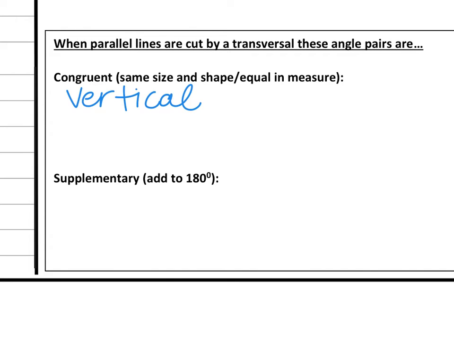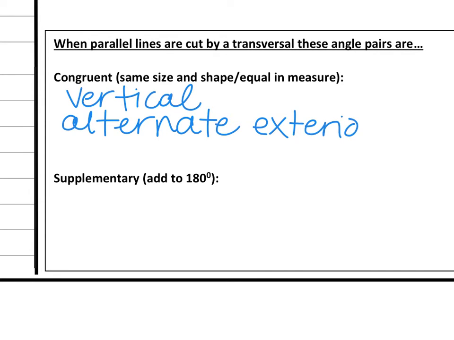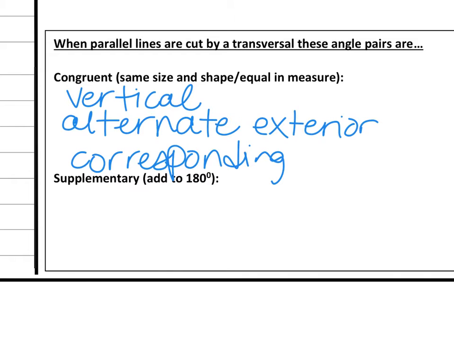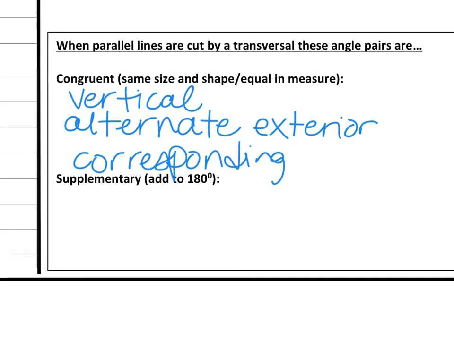Francesca, another? Alternate exterior. You could be looking at your notes from yesterday right now. Bella, can you give me another? Corresponding. And there's one more, William Landreth. Alternate interior.